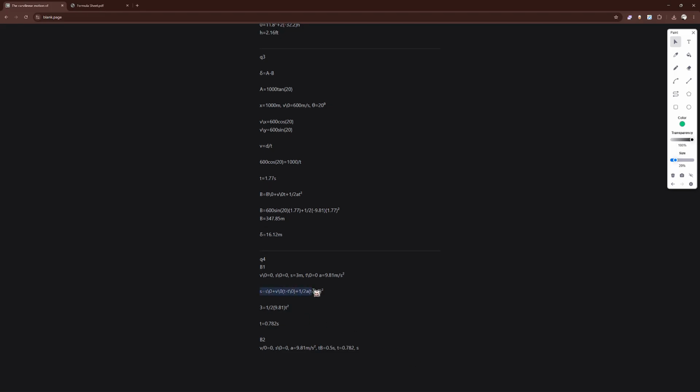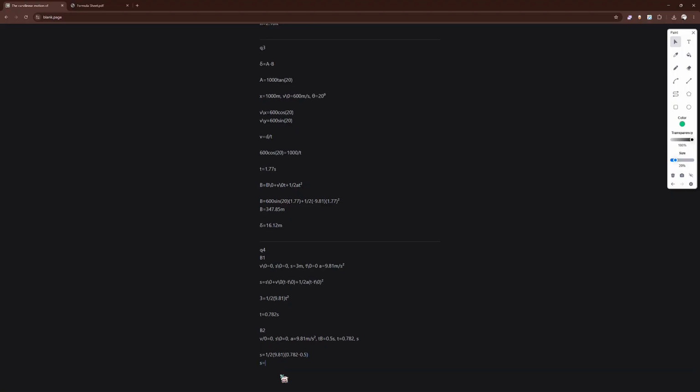It's going to be the same formula, so I'm not going to bother copying it down. We're looking for S is equal to 0, 0, half, 9.81, and then we have 0.782 minus 0.5, squared, by the way. So that makes S equal to 0.39 meters.